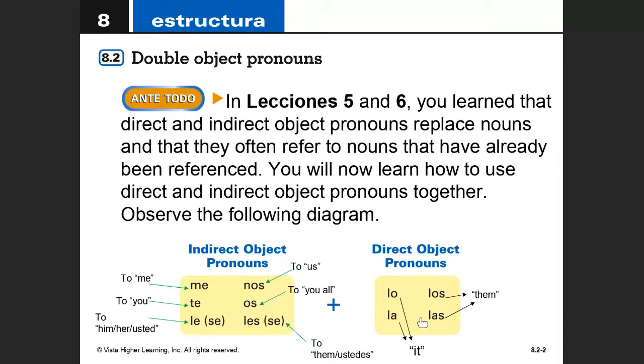Objeto directo. What item allows me to complete my action? I'm buying shoes. If there are no shoes to buy, I cannot buy anything, right? So shoes are complementing my action. That is why it's my objeto directo, related to the verb or to my action directly.